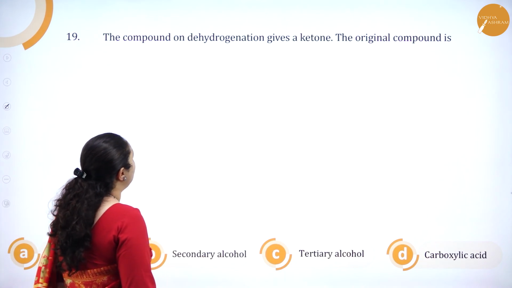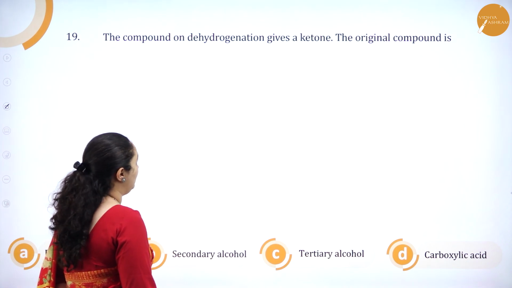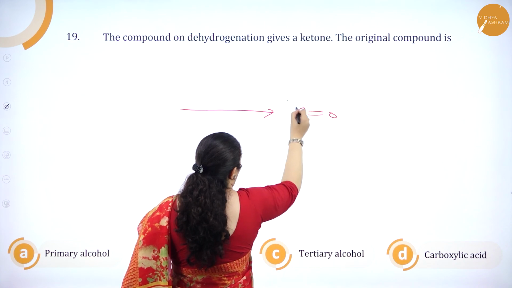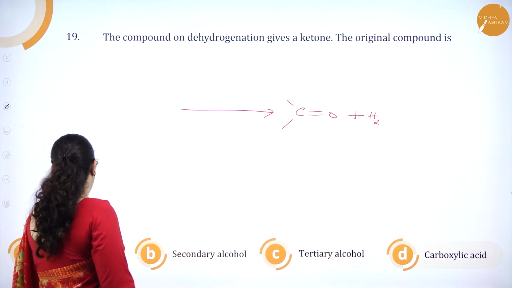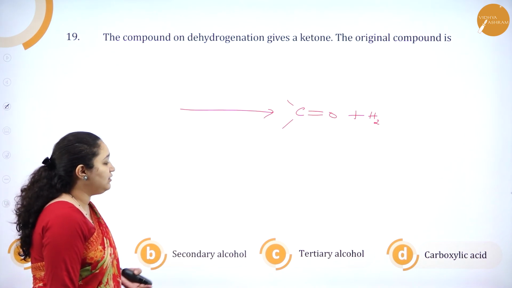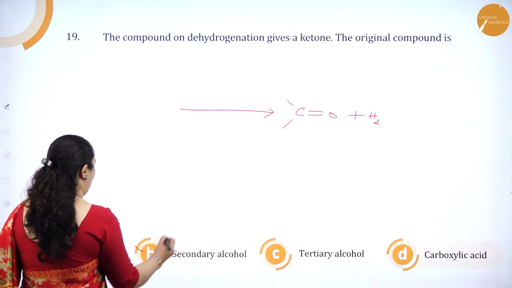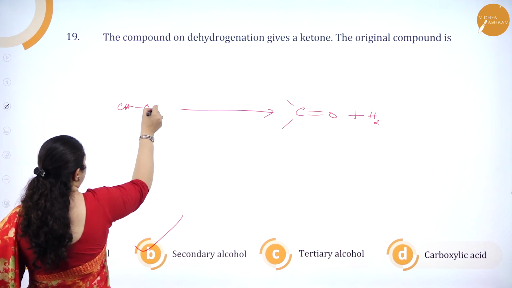A compound on dehydrogenation gives ketone. The original compound is. What is the compound which gives ketone on dehydrogenation is what they are asking. Primary alcohol, secondary alcohol, tertiary alcohol or carboxylic acid. It is secondary alcohol. You can see here CHOH.